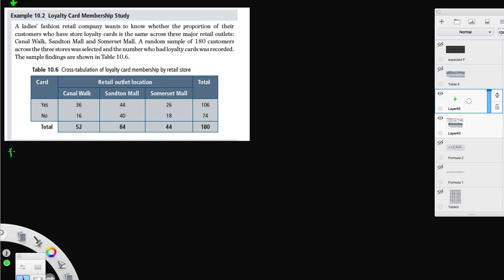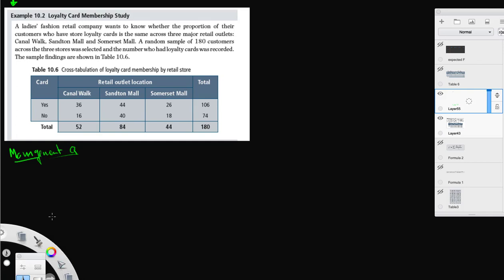Welcome back. After reading, we can first of all just determine the management question, or what we are being asked here in this scenario.